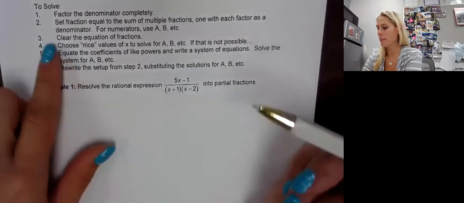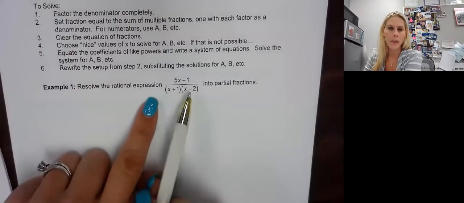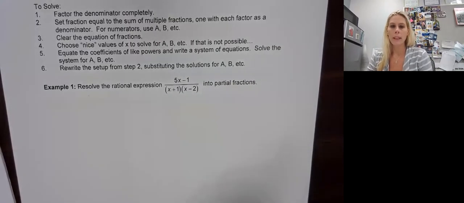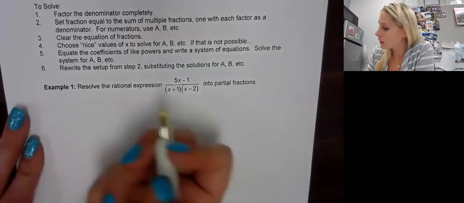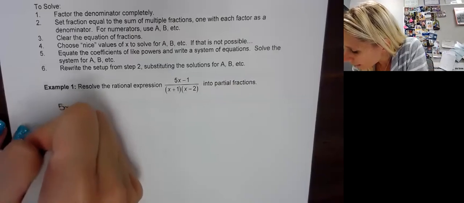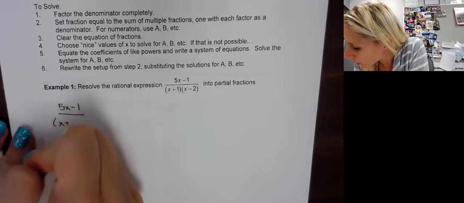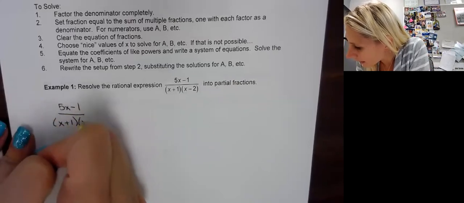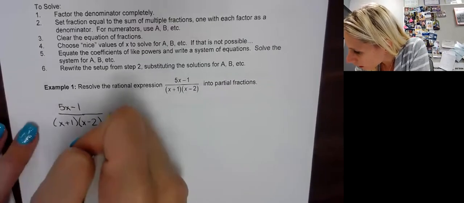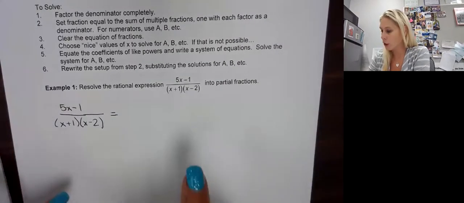So let's go step by step. One says factor the denominator. As you can see, the denominator is already factored into x plus 1 times x minus 2. So what we're going to do is set our rational here equal to both of our rationals, each with a factor.